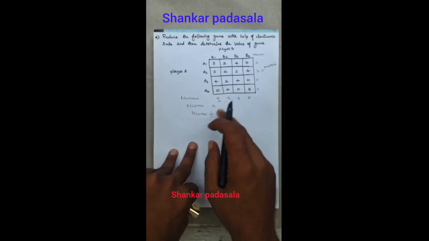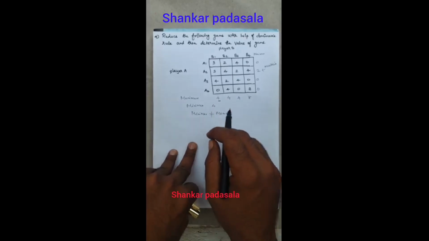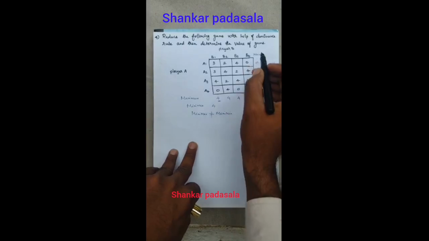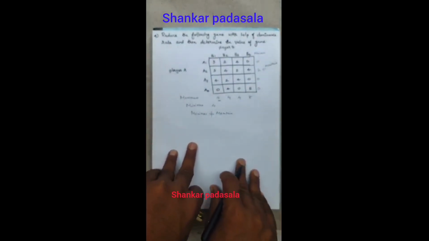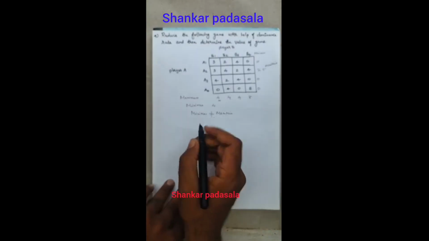So now this is a 4 by 4 matrix. How are we going to reduce it? By applying the rule of dominance. Here we apply two rules: dominated row and dominated column.